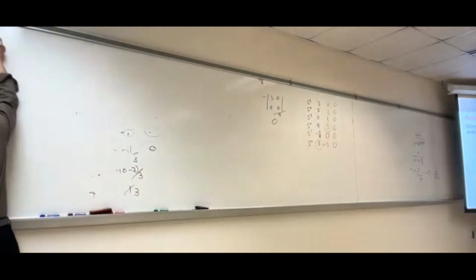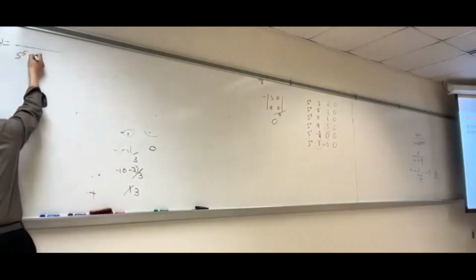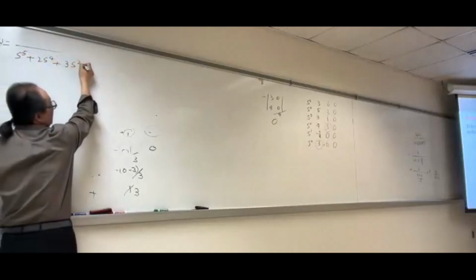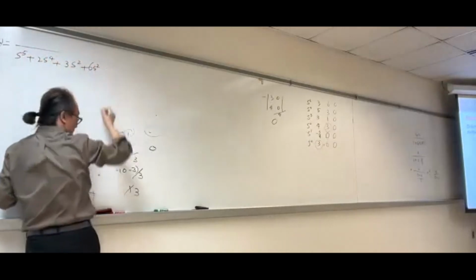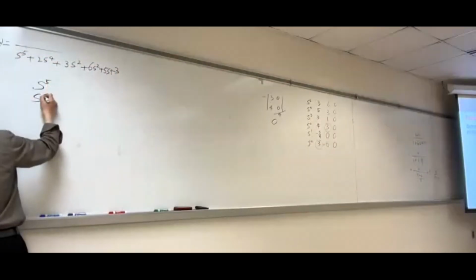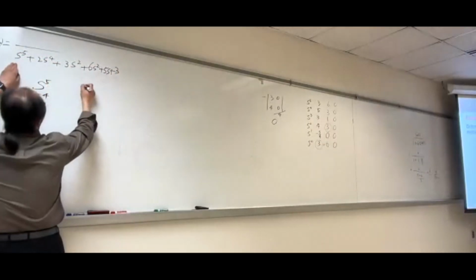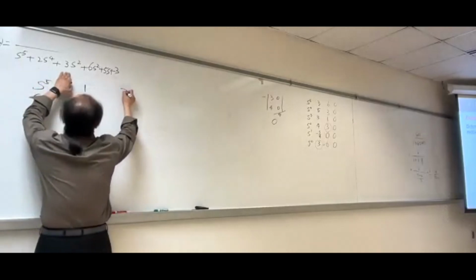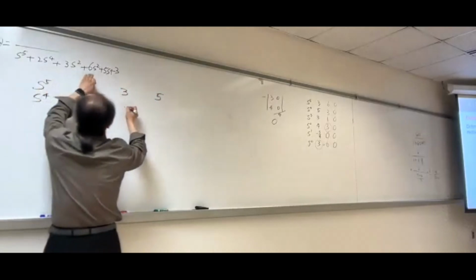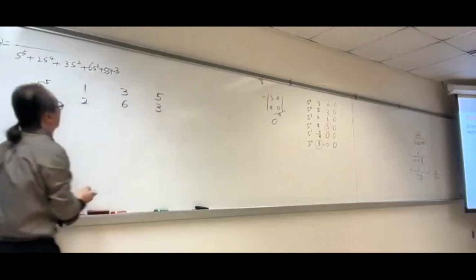We have T of S equals S5 plus 2S4 plus 3S3 plus 6S2 plus 5S plus 3. For S5 we have 1, 3, and 5. For S4, it's 2, 6, and 3.